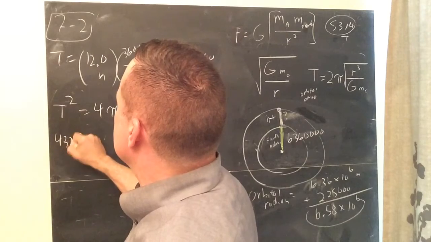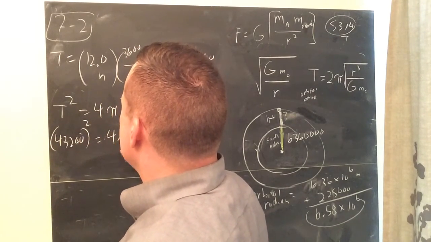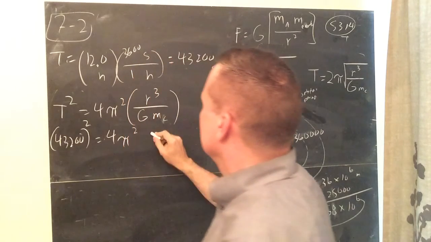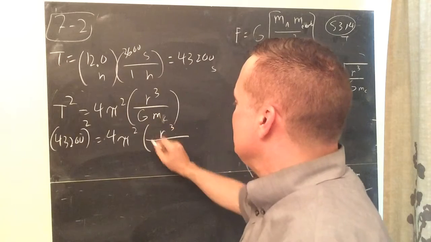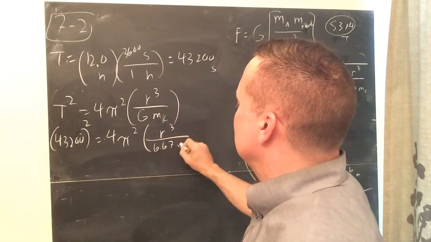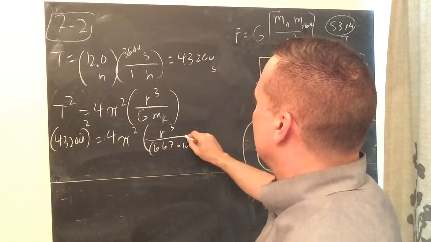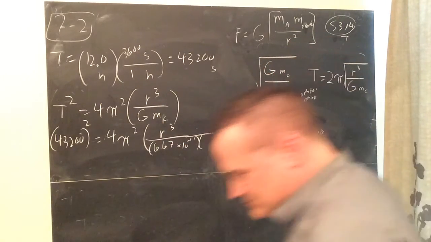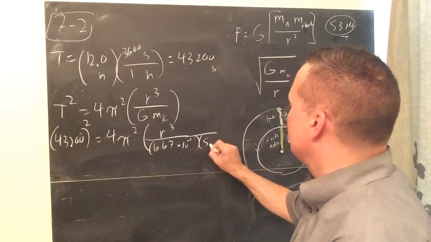So 43,200, don't forget, squared is equal to 4 pi squared times the radius cubed, which we don't know, over G, we do know, 6.67 times 10 to the negative 11. And we know that the mass of the Earth is, and I erased it from the last problem, but it's up there in D, 5.97 times 10 to the 24th.